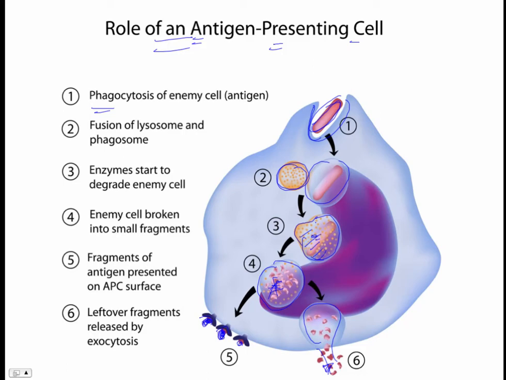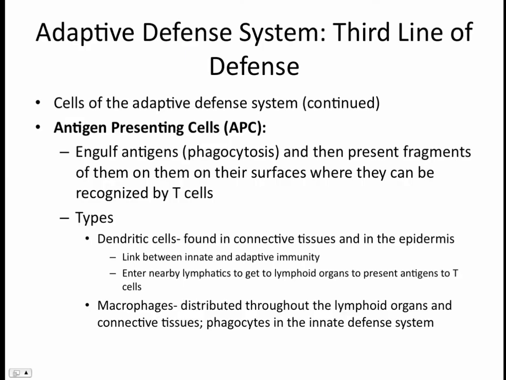This can be another surface protein marker, and this could be another surface protein marker. And this is really key for the immune system because it's presenting different antigens to mount a greater response by the different T cells. So antigen presenting cells are going to engulf those antigens through phagocytosis and present them on the surface where they can be recognized by our T cells.